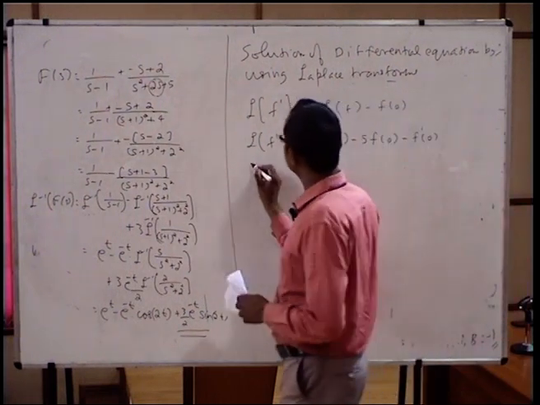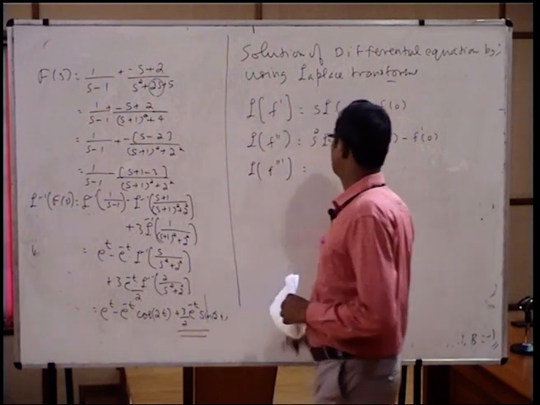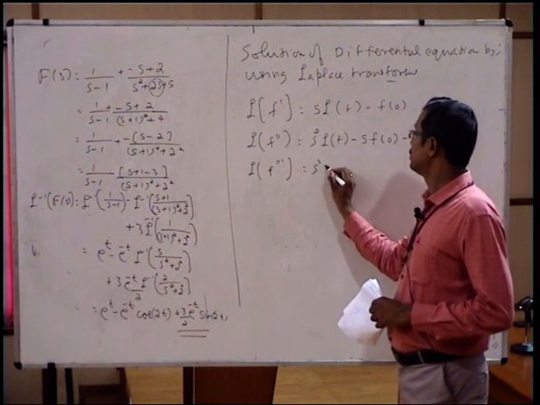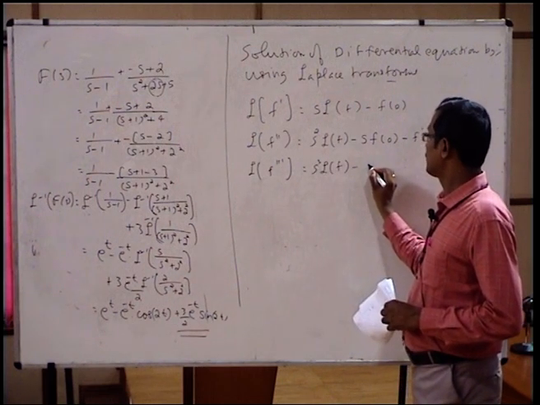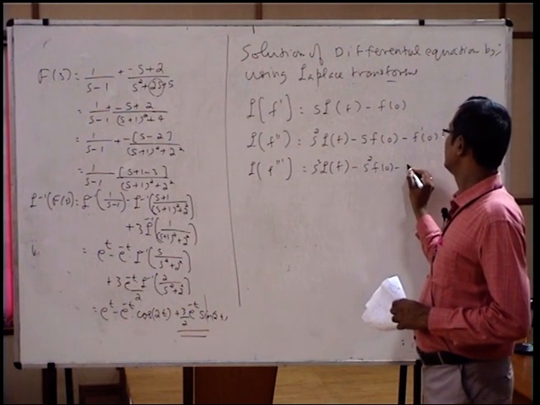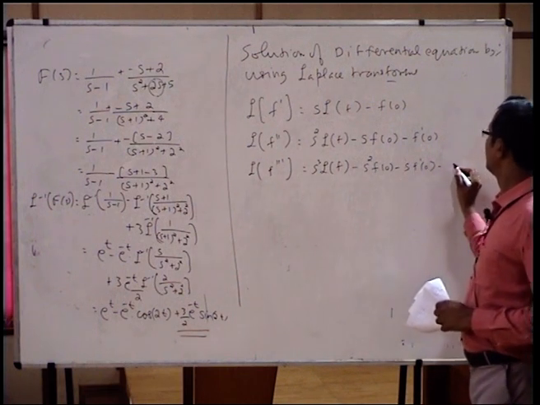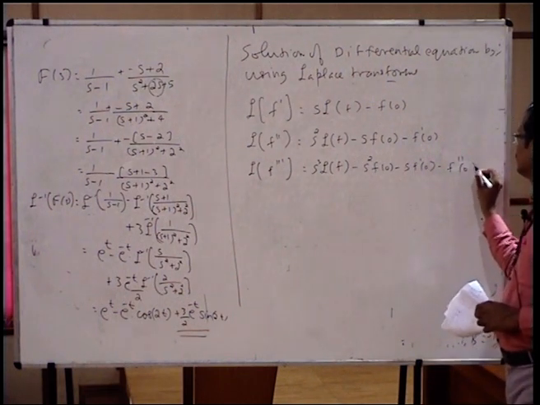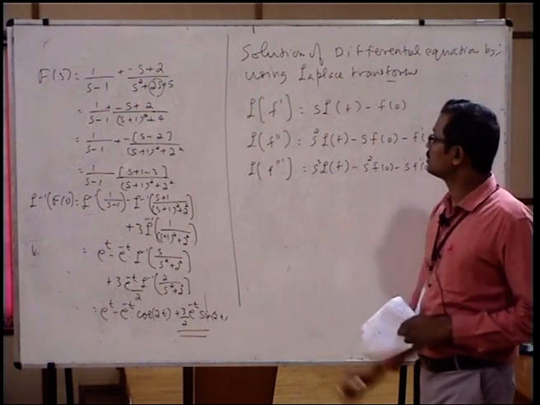If you generalize this, you will get f triple dash. Then it is s cube into Laplace transform of f minus s square into f of 0 minus s into f dash 0 minus f double dash 0. So it will continue like this.